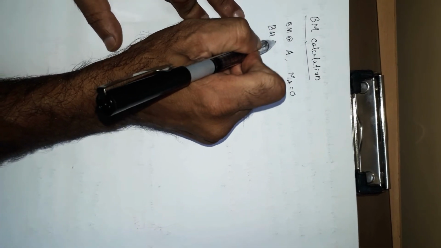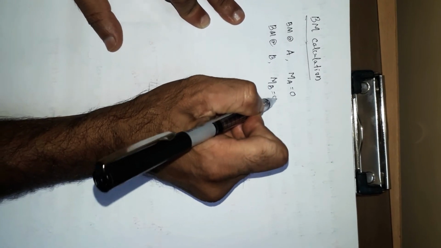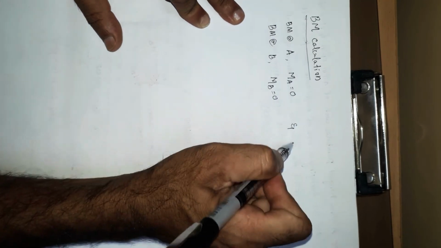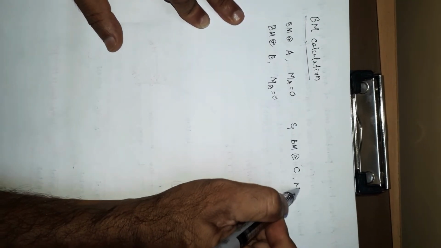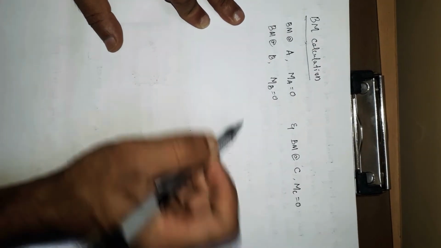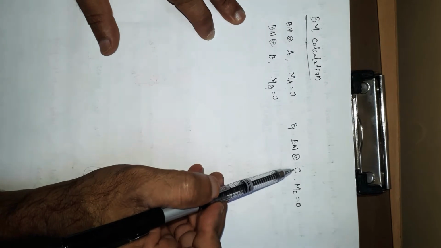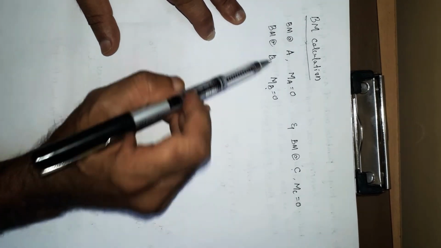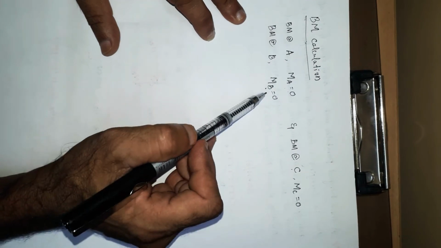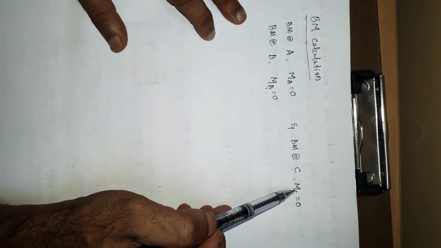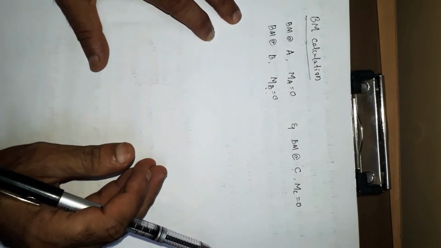Bending moment at B, MB is equal to 0, and bending moment at C, MC is equal to 0. Why are these 0? As we know, A, B and C are hinged supports. So at a hinged support, bending moment will be 0. Therefore, MA, MB and bending moment at C are equal to 0. Now at all these 3 points, bending moment will be 0.